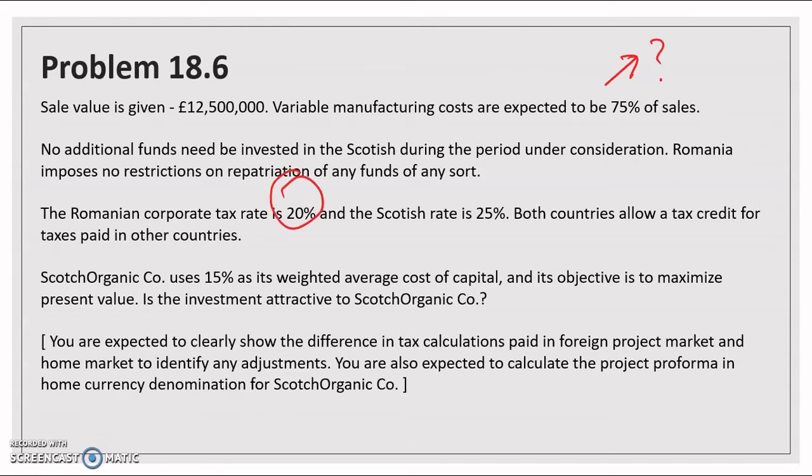The Romanian tax rate, the project tax is 20%, the Scottish tax rate is 25%. Both countries allow a tax credit paid in other countries. The WACC is 15%. You are expected to clearly show the difference in tax calculation paid in the foreign market. You are also expected to create the project pro forma in the home currency denomination for Scottish Organic.